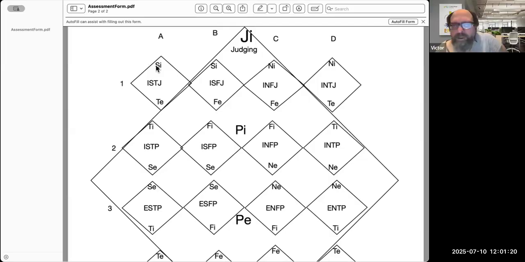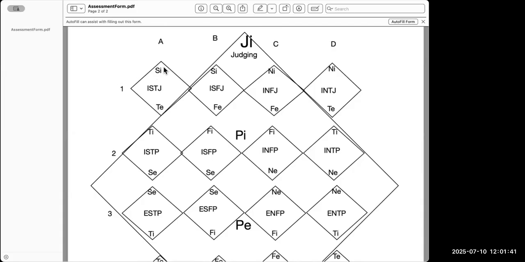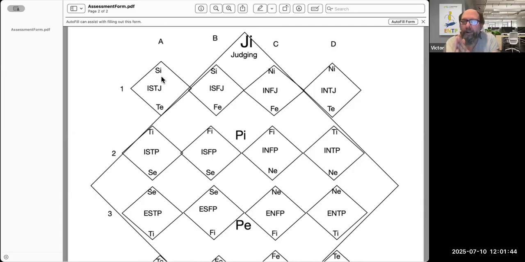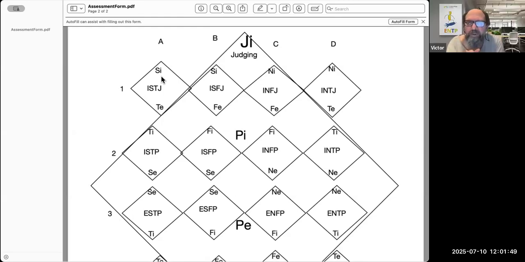Well, there's only one dominant in each of the four-letter codes. Is one missing? So the letters there will be introverted, intuition, thinking, P. Is that correct? No. These are two different ways of presenting the type.